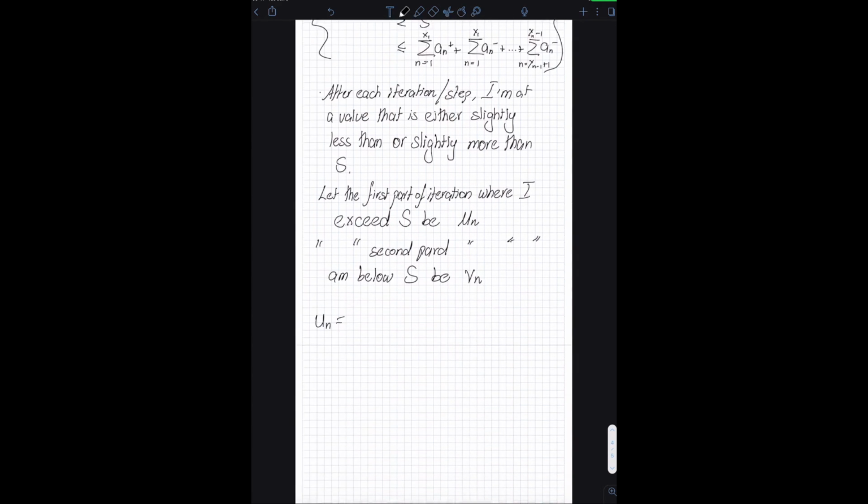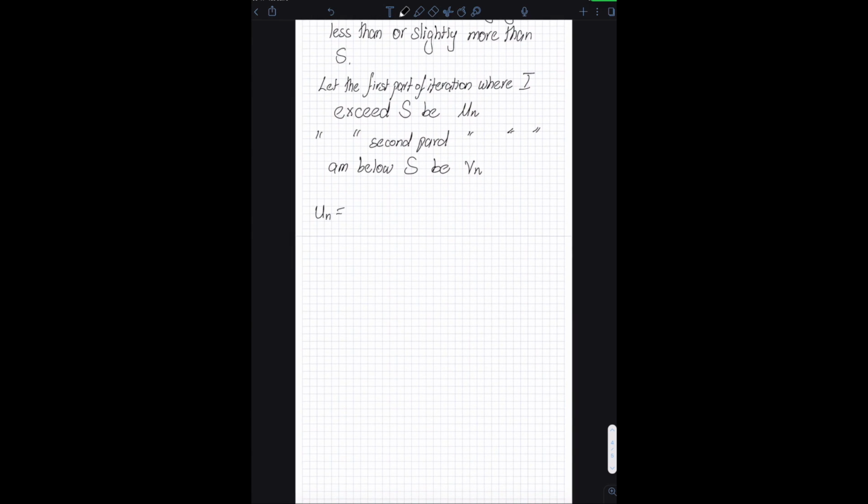So I can say that u of n in general is just going to be the summation from n equals 1 to x1 of a of n plus the summation from n equals 1 to y1 of a of n negative, plus all the way up to the summation from n equals x of n minus 1, plus 1 to xn of a of n plus.